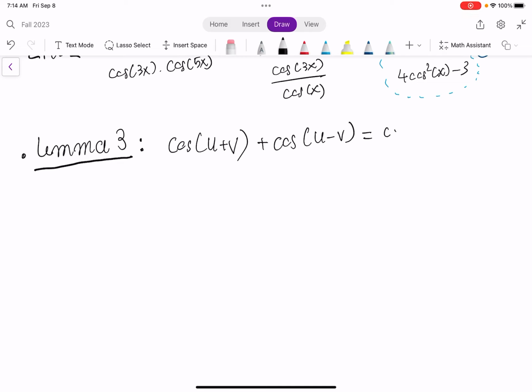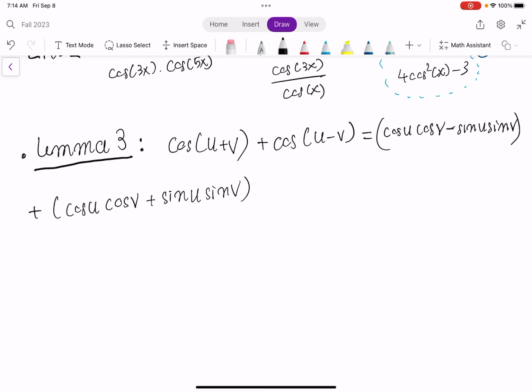It will be cos u cos v minus sin u sin v, plus cos u cos v plus sin u sin v. Okay, and if you simplify it, you get 2 cosine of u times cosine of v. Wonderful, wonderful.